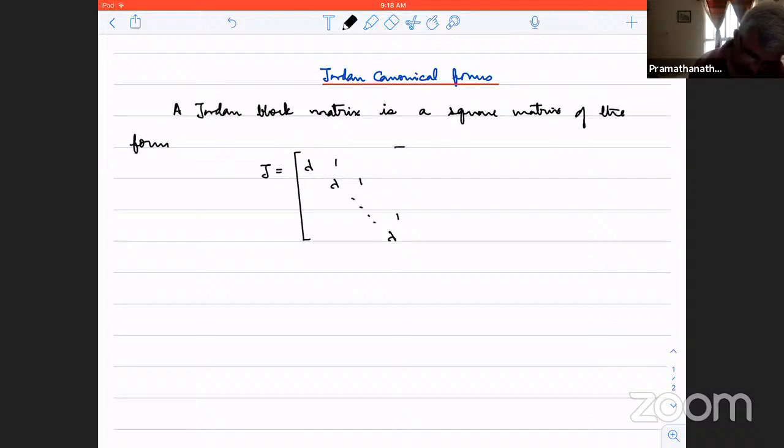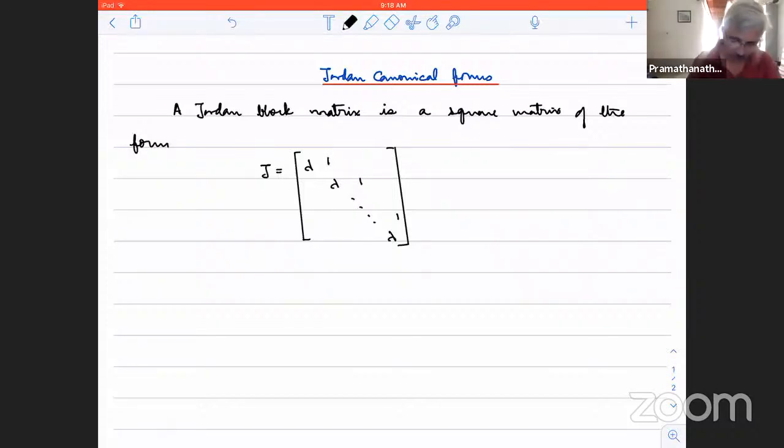Not all the off-diagonal terms, it's what's often called the super diagonal. So this is where it is 1, and this is sometimes called the super diagonal, and 0 elsewhere.